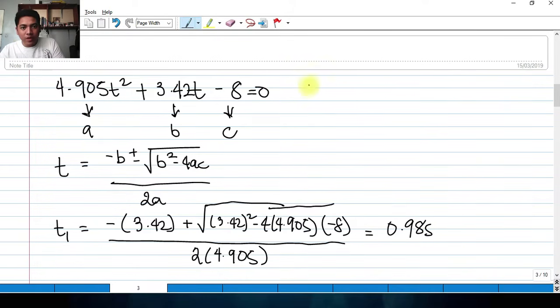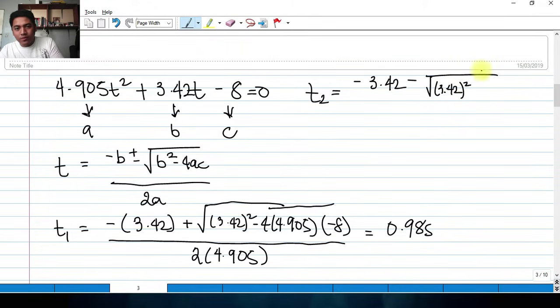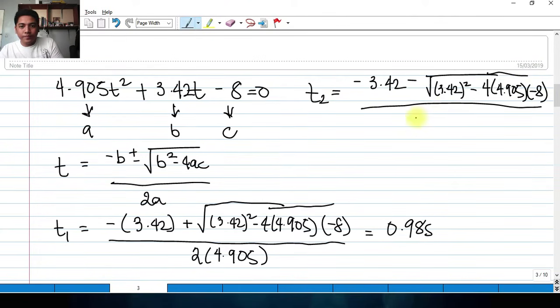If we wish to evaluate the other root, t sub 2, we shall have 3.42 minus the square root of 3.42 squared minus 4 times 4.905 times negative 8, divided by 2 times 4.905.